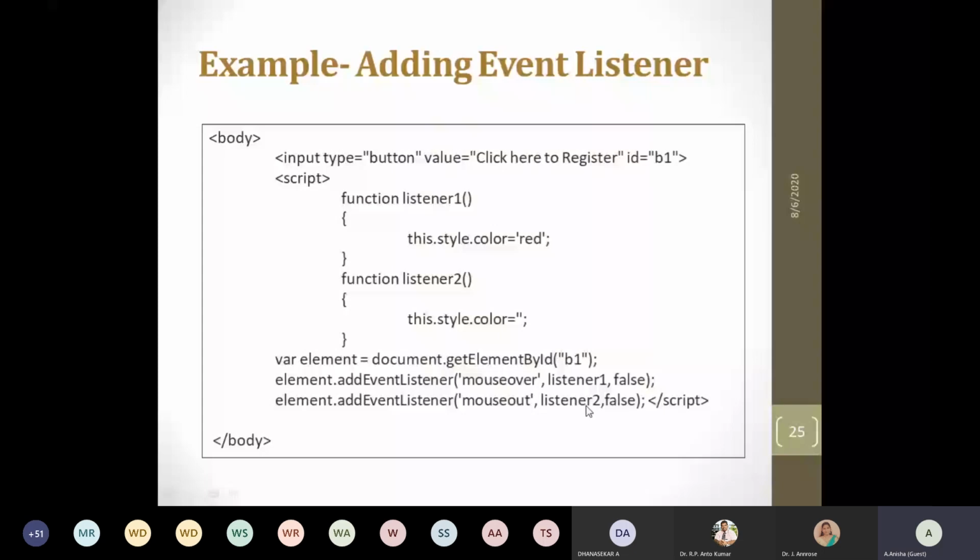And the listener2 function modifies the color to empty. I've removed the color. And the third parameter is not used here, so it is set to false. Try to execute and visualize the output.